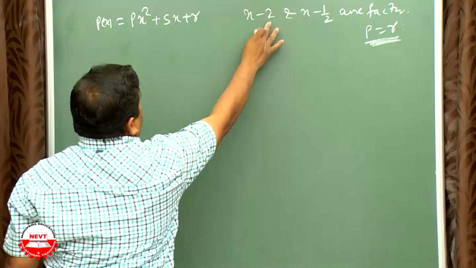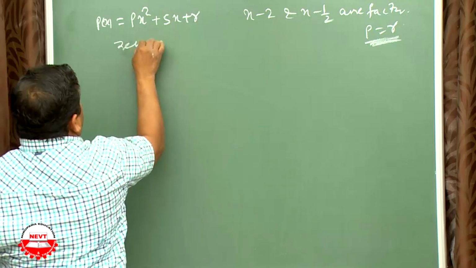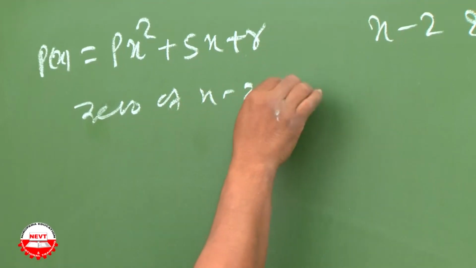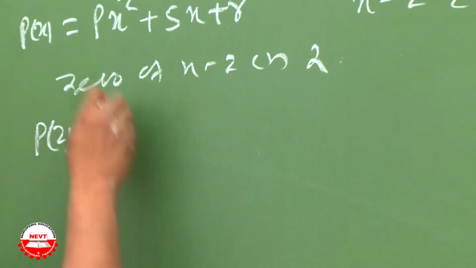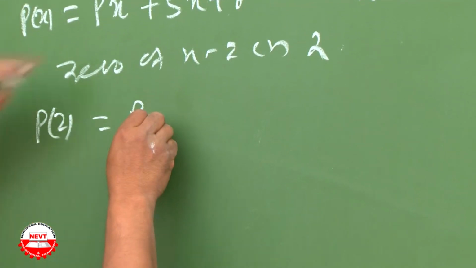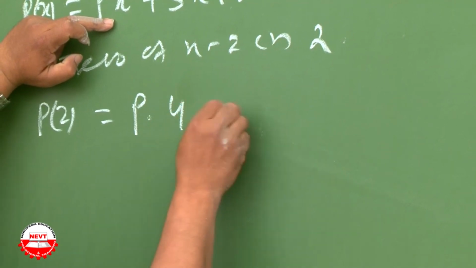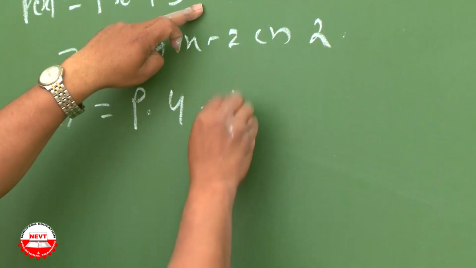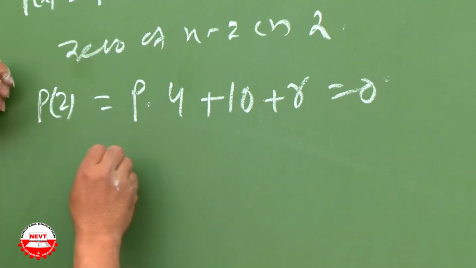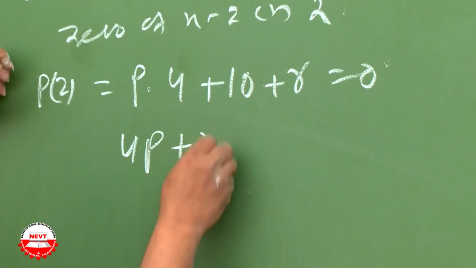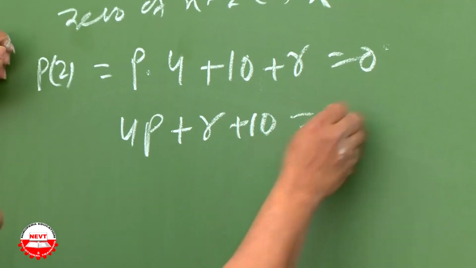So the zero of x minus 2 is 2. So what is P(2)? p into 2 square, 4, directly I am writing, 5 into 2 is 10, plus r is equal to 0. That means 4p plus r plus 10 is equal to 0.